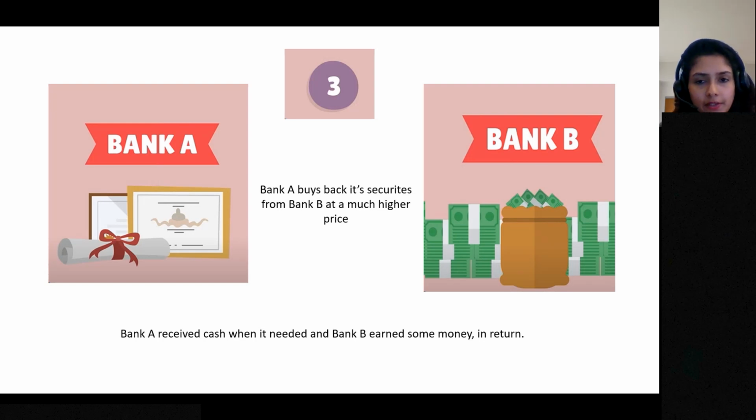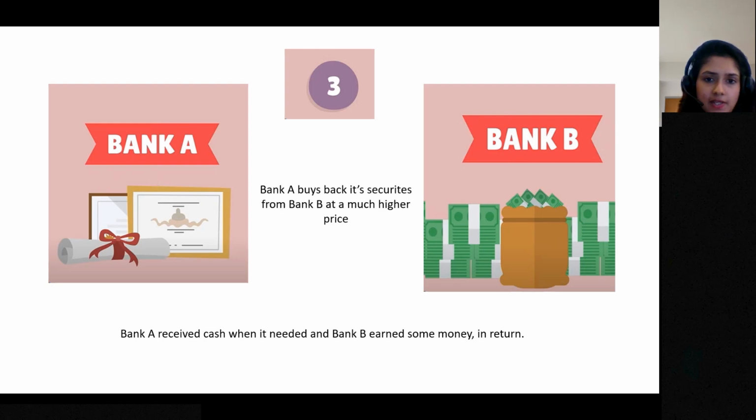Now, why will someone enter into a repurchase agreement when they have to pay back a higher amount and have to collateralize? It's simple. When you are in need, you want money immediately and you have something in return to keep with them so that they agree that this customer or bank will pay us back.